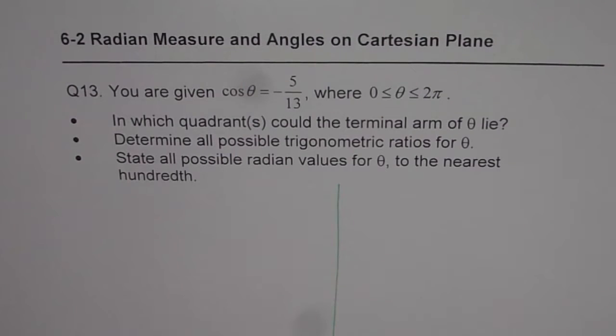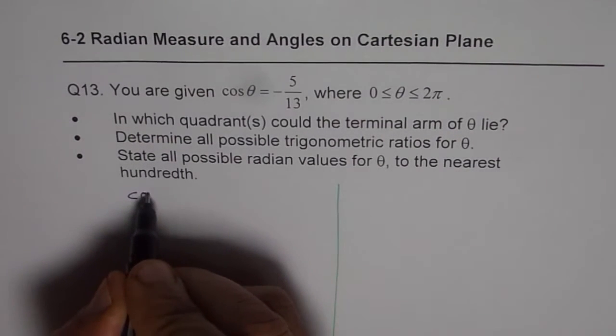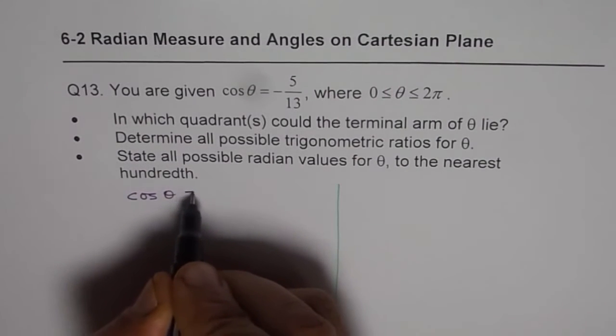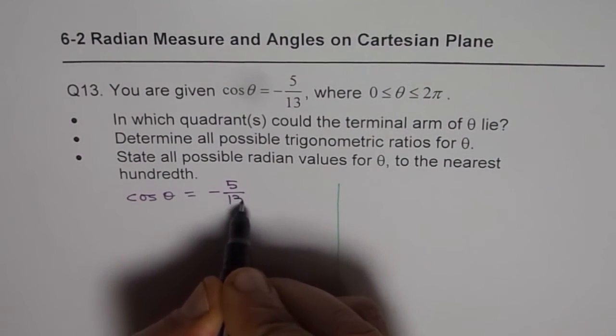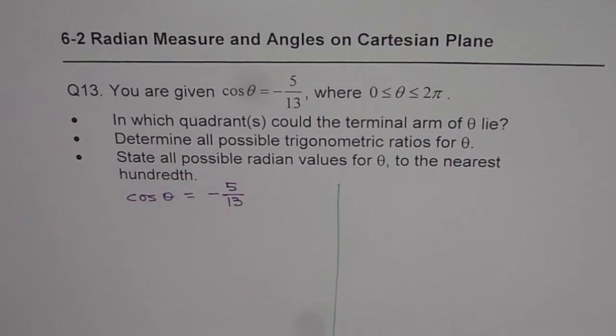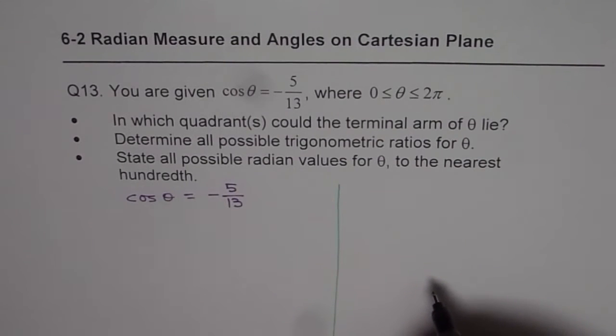What we are given here is cos theta equals minus 5 over 13, right? If you remember the CAST rule, then you know cos is positive in two quadrants, but it is negative in two quadrants.